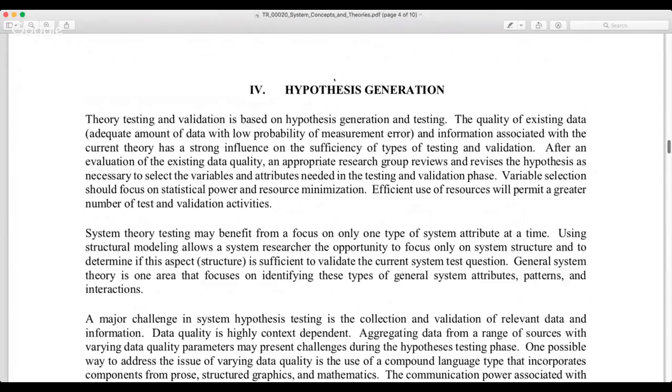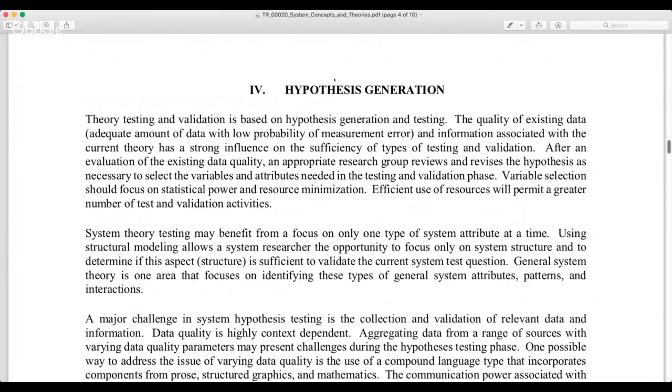So essentially, once you have a good enough data set to support your activity, the people that are in charge of the research are going to revise the hypothesis and select the variables and attributes that are needed in the testing and validation phase.